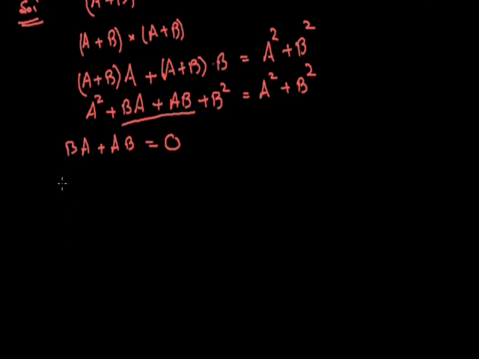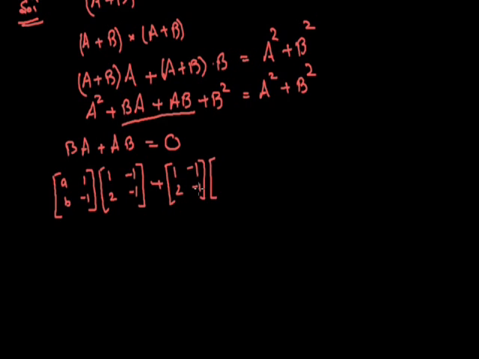So the matrix B is [a, 1; b, -1] and matrix A is [1, -1; 2, -1]. Plus matrix A again, [1, -1; 2, -1], and the matrix B is [a, 1; b, -1], equal to [0, 0; 0, 0].